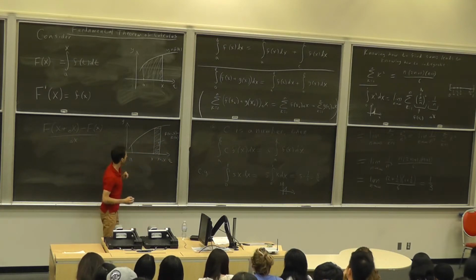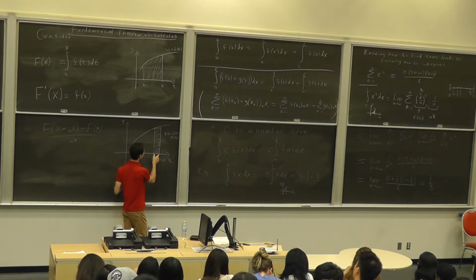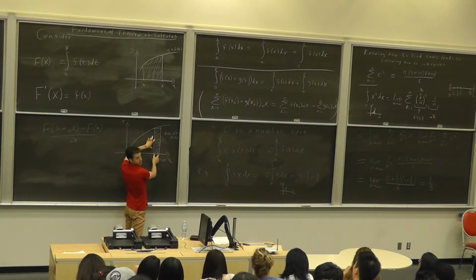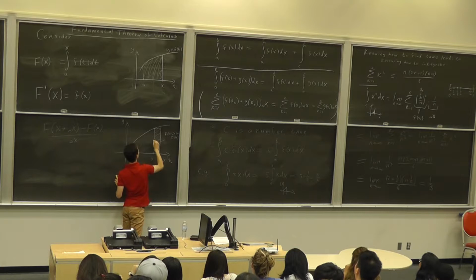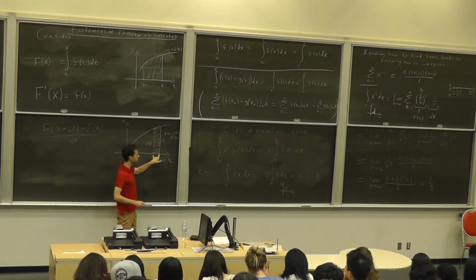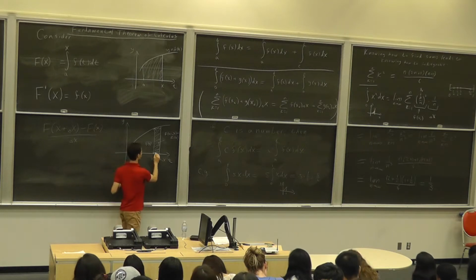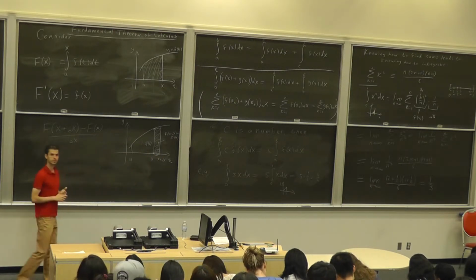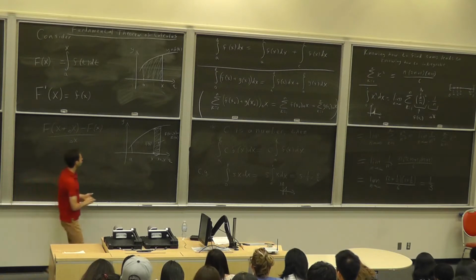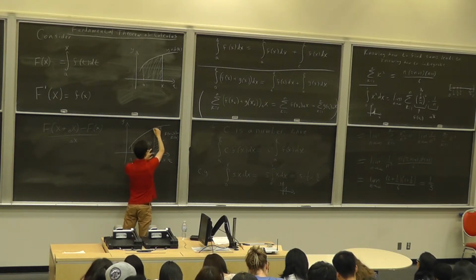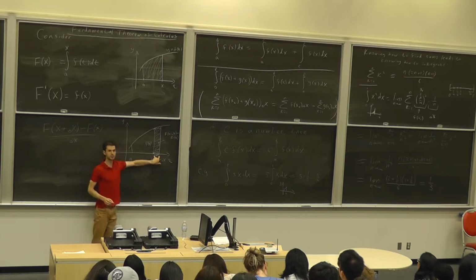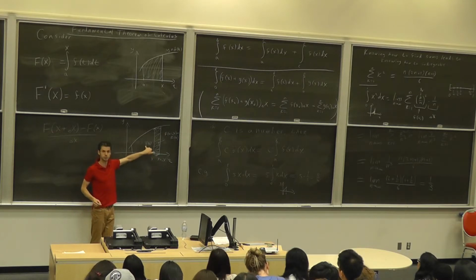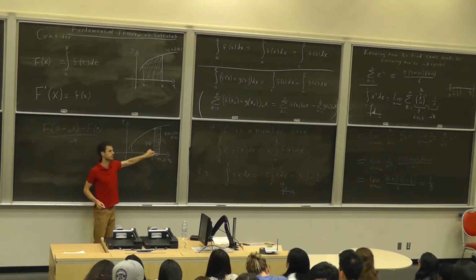So this area is approximately the base of this rectangle times its height. The height is exactly equal to this. The base is delta x. So if you take this area and divide it by delta x, you're going to get an answer which is quite close to f of x.